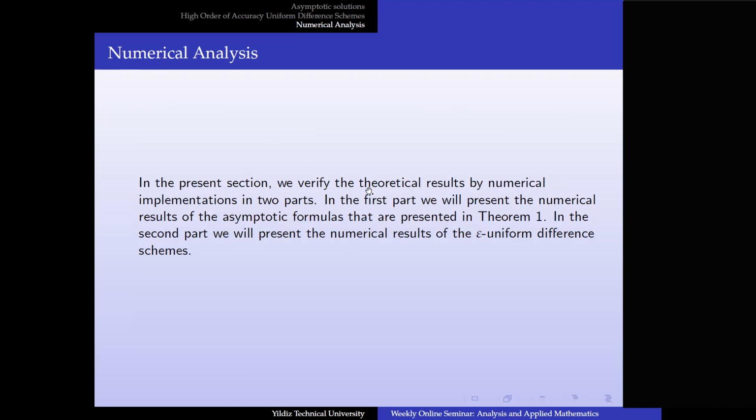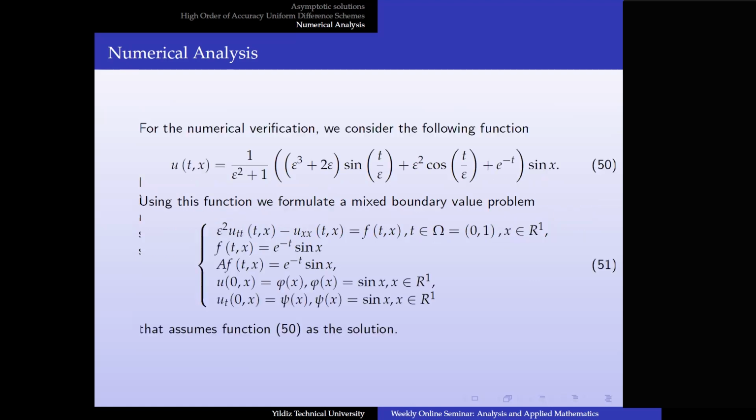So in the present section, in the first part, I will present asymptotic solutions and some results of numerical implementations. And in the second part, I will present the epsilon uniform difference schemes and some results of their numerical implementations.